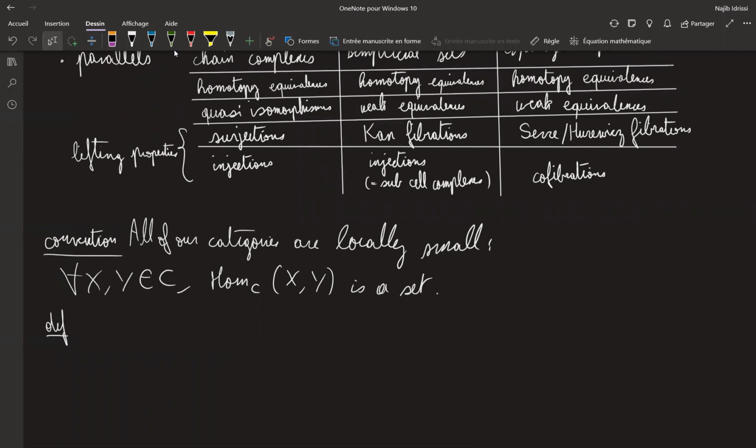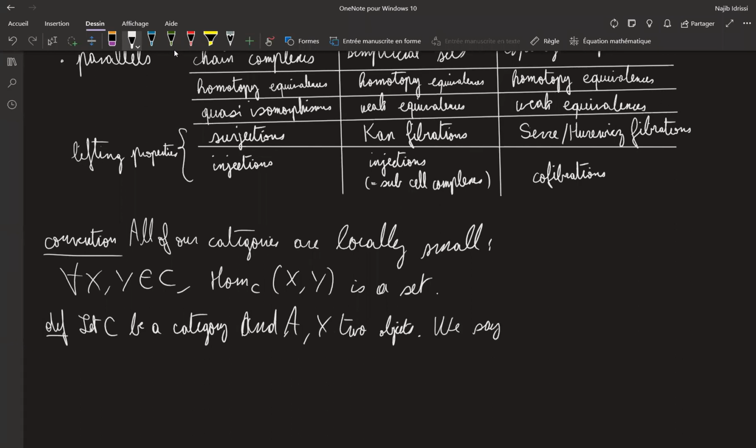And I'm going to make a definition. I quickly talked about it last time, but I want to say it again because there was another question about it. So let C be a category, and A, X two objects. We say that A is a retract of X if there exists a commutative diagram like this.